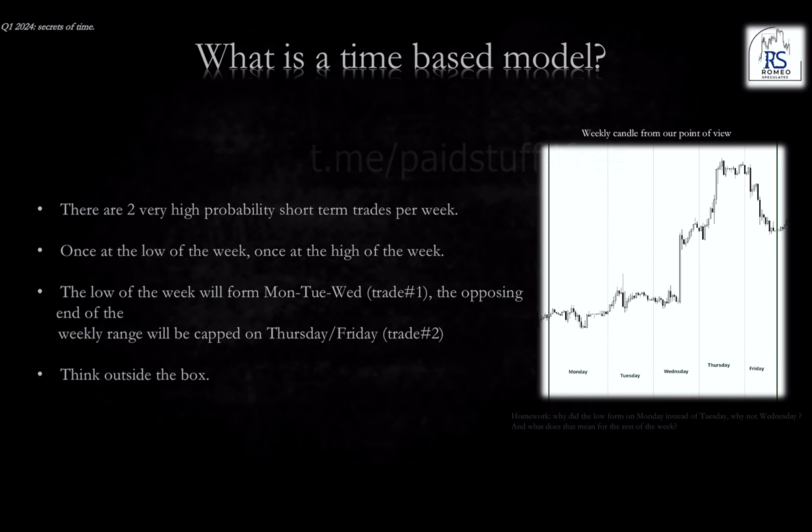And the range will be capped on Thursday or Friday. And another thing is, the same candle, for example, let's take Wednesday. Wednesday cannot form the high and the low of the week. And that is my encouragement for you to think outside the box.